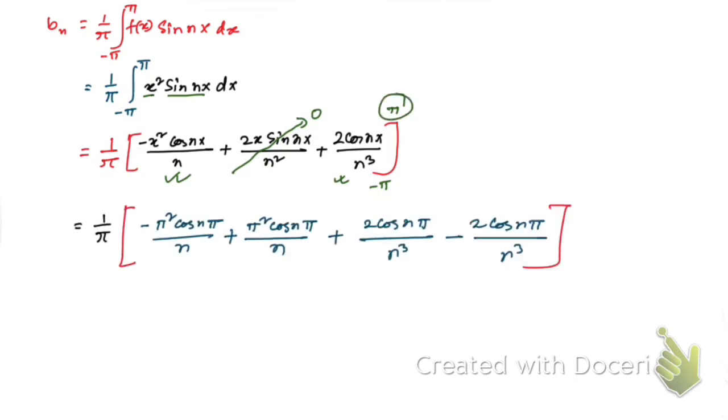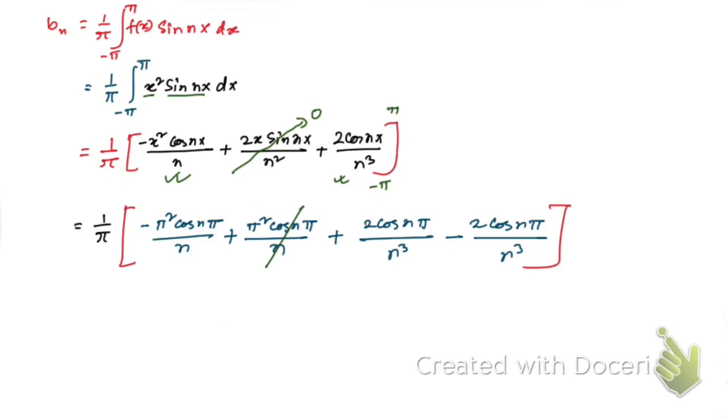When we put pi here we get this, and when you put minus pi instead of x, then cos n minus pi is cos n pi again, and here we have x square, so minus pi square, and this minus this minus, we have got this plus, right? So hope you have understood this.